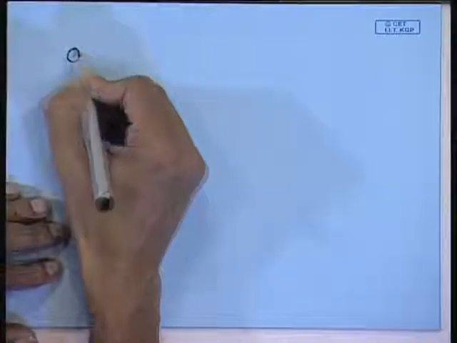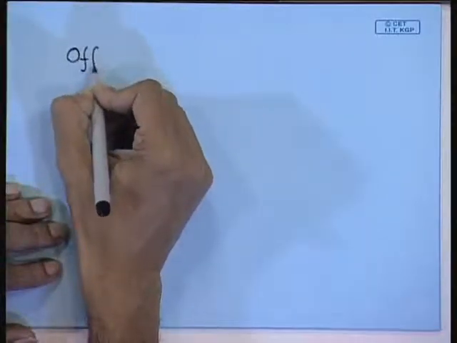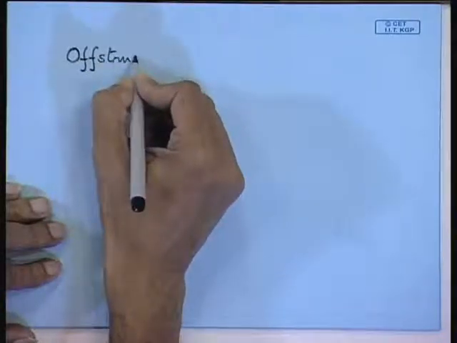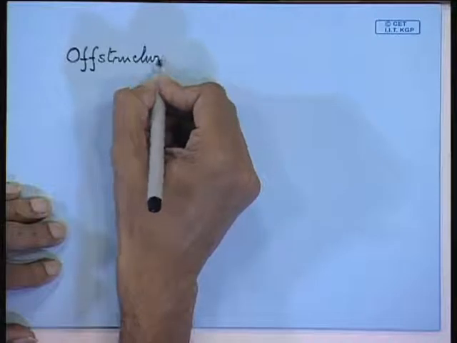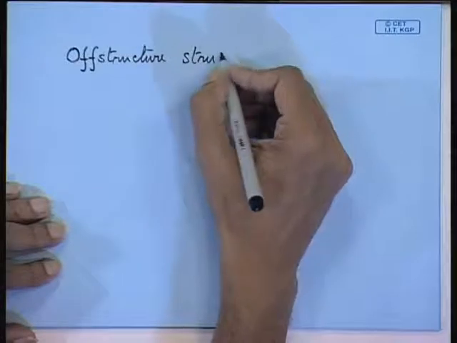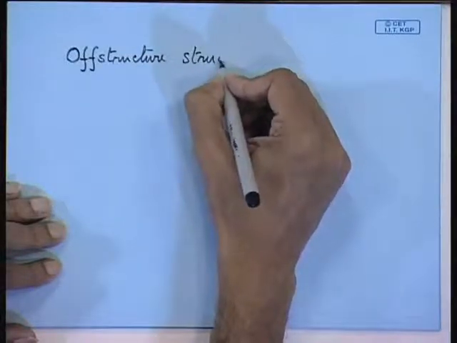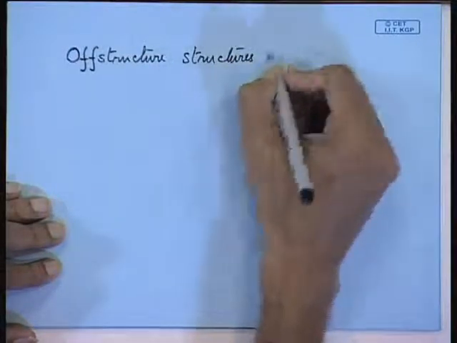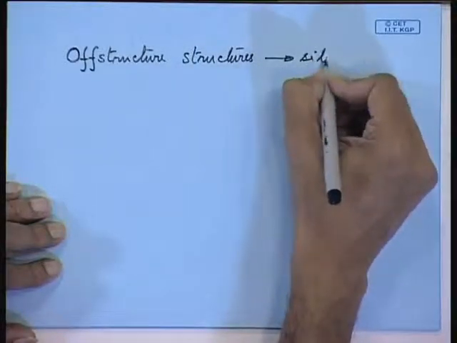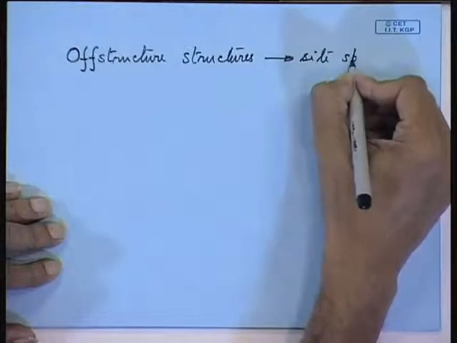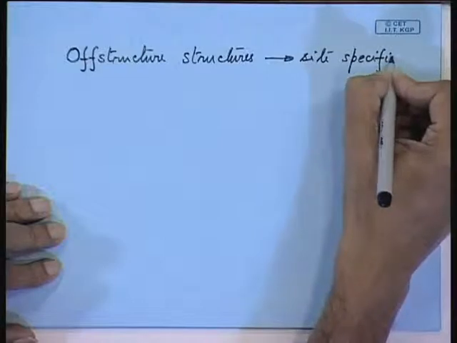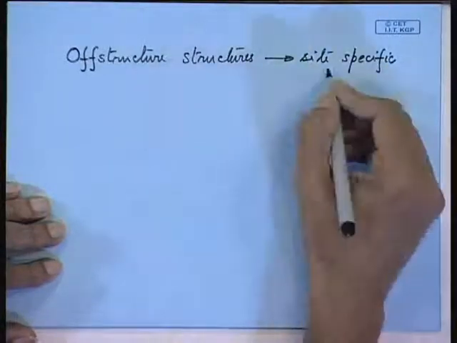Now offshore structures are essentially site specific, especially your fixed platform or floating platform, they are fixed at a particular location.